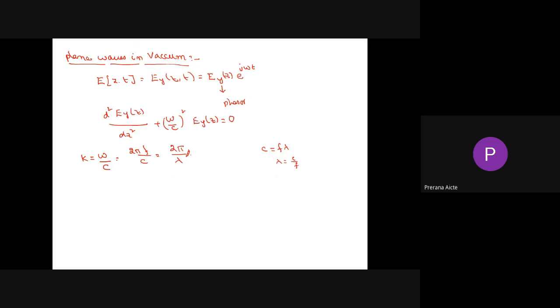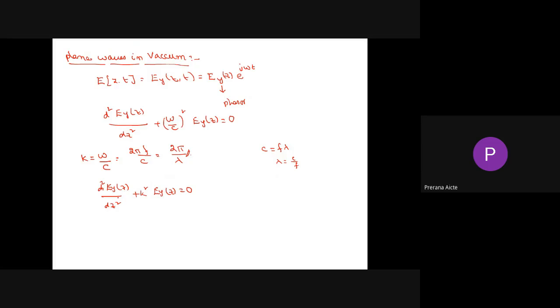Therefore, the one-dimensional wave equation is d square Ey of z divided by dz square plus k square Ey of z is equal to 0, where omega by c is equal to k. Now this is a second order differential equation.